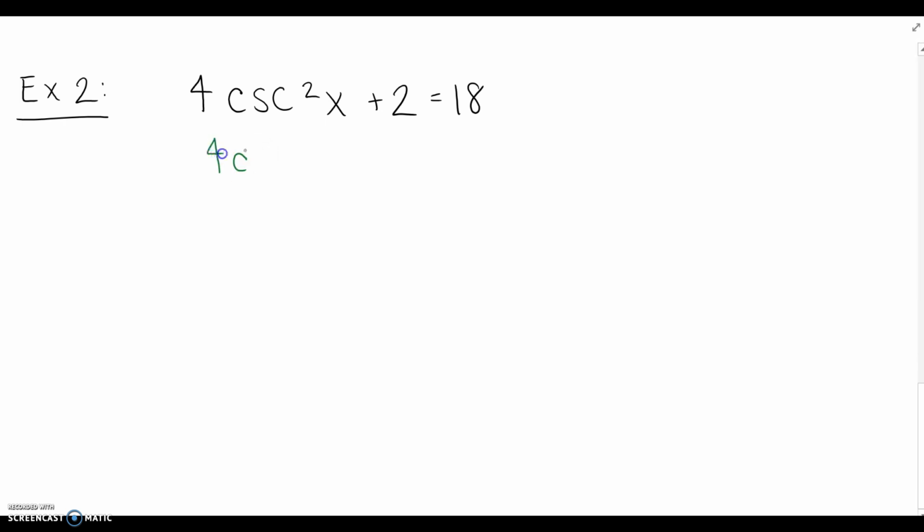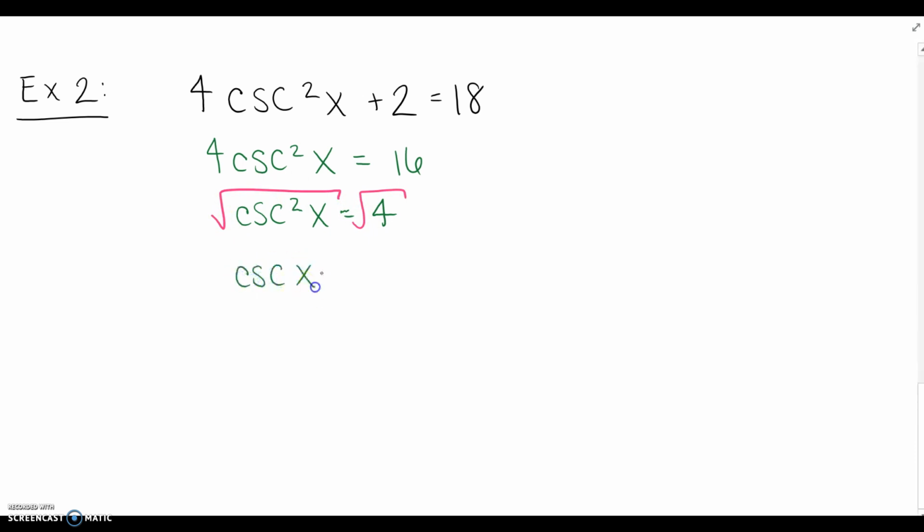So 4 cosecant squared of x, I'm going to subtract 2. Cosecant squared of x, divide everything by 4. I need to take the square root. And we get cosecant of x is equal to plus or minus 2.